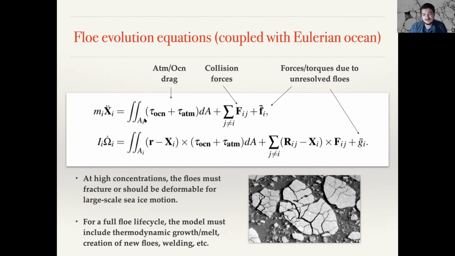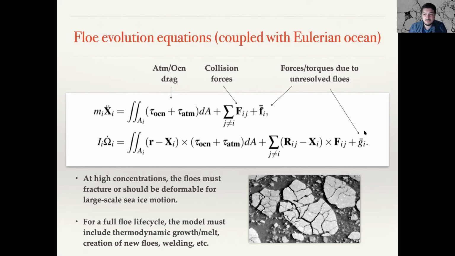This is done for giant floes, especially relevant for giant floes. Then you have the collision forces over here, and for the torques, you write down the same equations. You have atmospheric and oceanic torques, as well as torques associated with each floe bumping into each other. And of course, for non-convex floes, any two floes bumping into each other could have many interaction points, so you have to take that into account.